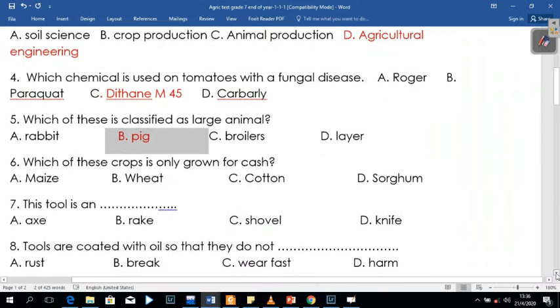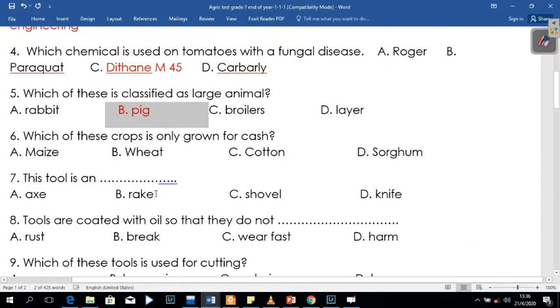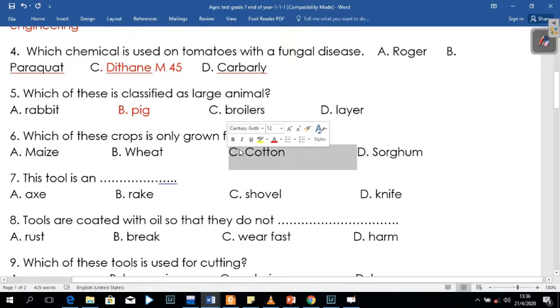We are talking of cash crops now, right? I would feel pity if you say maize, right? Because maize is not a cash crop, right? So what we'll be looking at, we'll be looking at cotton and tobacco. These are cash crops, right?